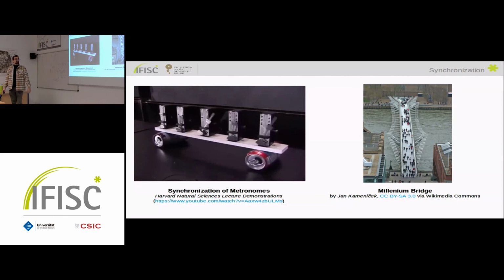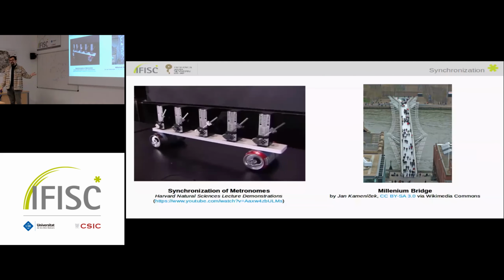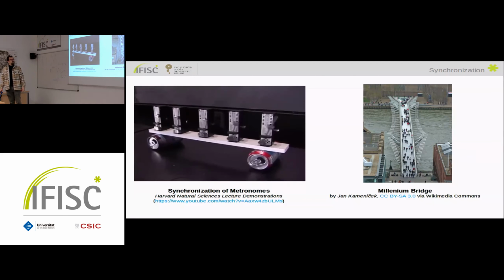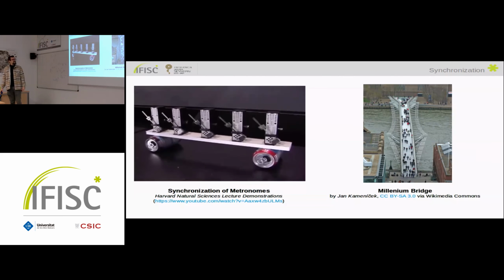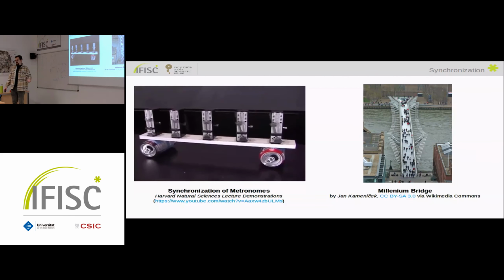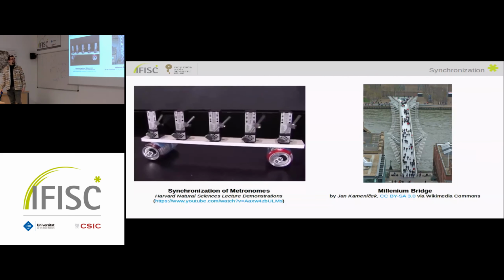Of course, synchronization can occur in some physical systems, but it can also occur in biological systems. It can occur inside of the brain, or it can occur, for instance, in a very famous case that I guess some of you will already know, which is the Millennium Bridge. The day this bridge got inaugurated, a huge crowd went there to see the bridge for the first time, and they started walking.